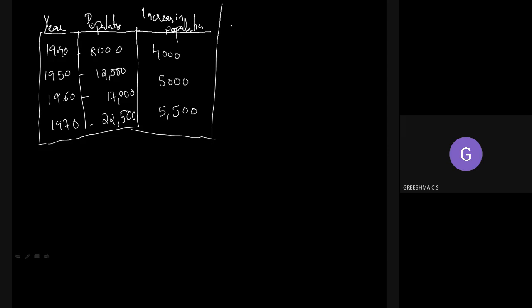Next step, you have to find the increment over increase in the population. I am adding one more column, that is increment over increase in the population.